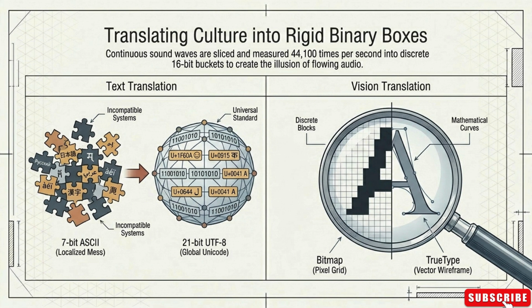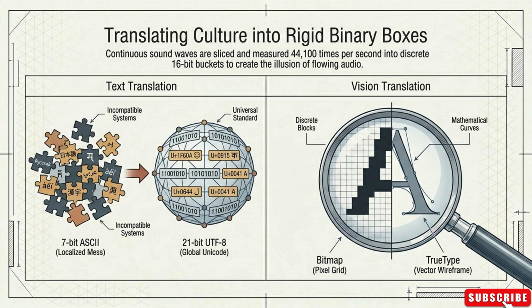To achieve what we consider standard CD quality audio, the computer slices that wave up and samples it 44,100 times every single second. That is just incomprehensibly fast. And for every one of those microscopic slices of time, it records a 16-bit number to capture the exact height of the wave.